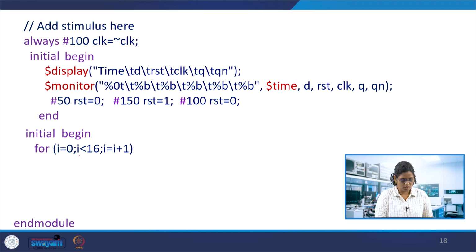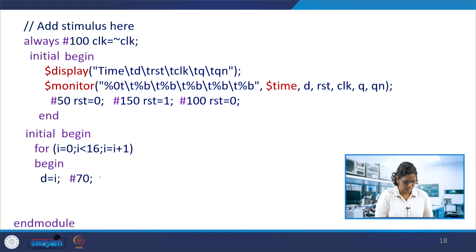So what is the input? For I equal to 0, using the for loop, I less than 16, I equal to I plus 1. So the begin, for I, assign this I to D, that is the input, the data generation actually.